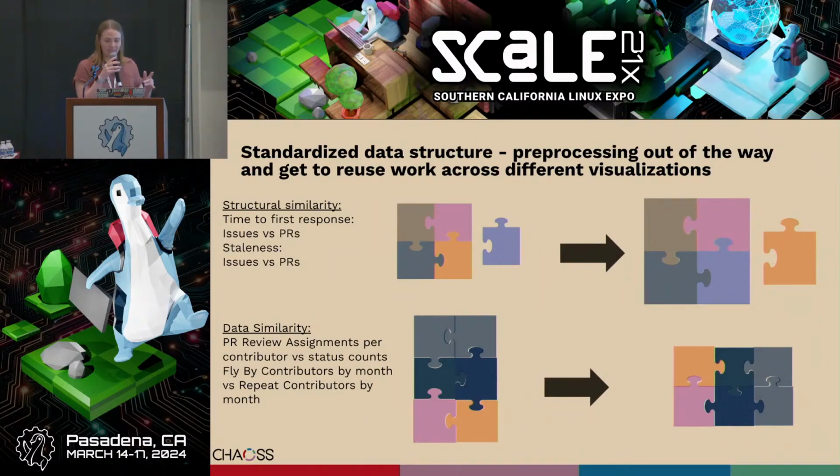One of those things is structural similarity. I like to think about it like a puzzle piece: the structure is all there, we just have one portion of that puzzle that is being taken out, and it works the same way. We can think about this from the time to first response for issues and PRs. We can pre-process the data the same exact way to see that first response, and whether that is issues or PRs, it's very little difference.